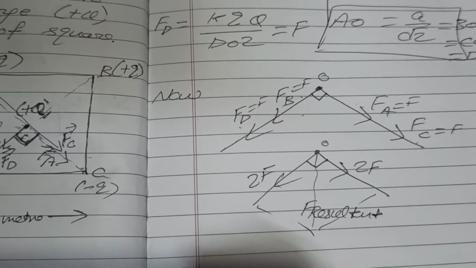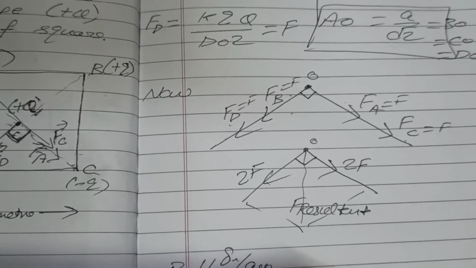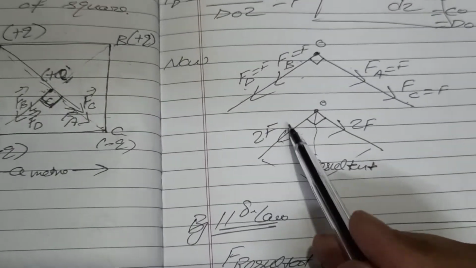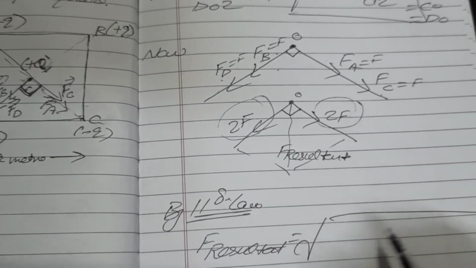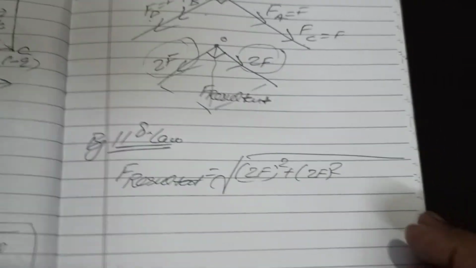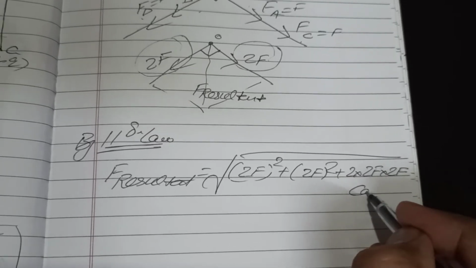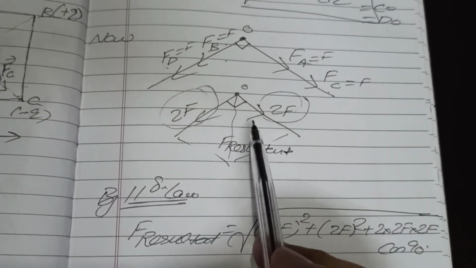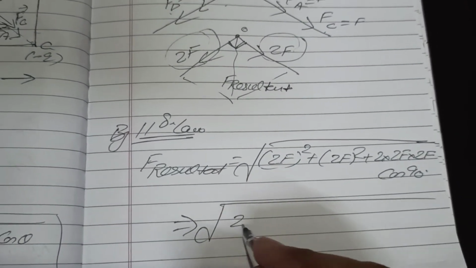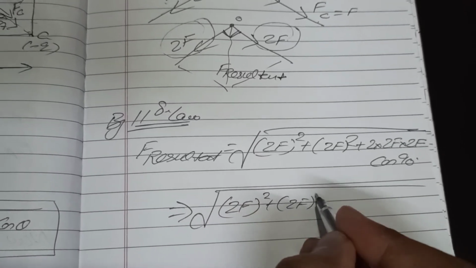Now by the parallelogram law, F resultant is equal to under root, where one force is 2F and the second force is 2F. So 2F square plus 2F square plus 2 into 2F into 2F cos 90, because here the angle is 90 degrees.